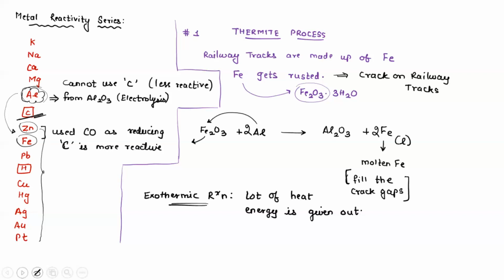Okay, so let's go to the next one, the second application of reactivity series, which is called sacrificial protection, sacrificial protection of iron. Iron is a very important metal, so we need to protect it.